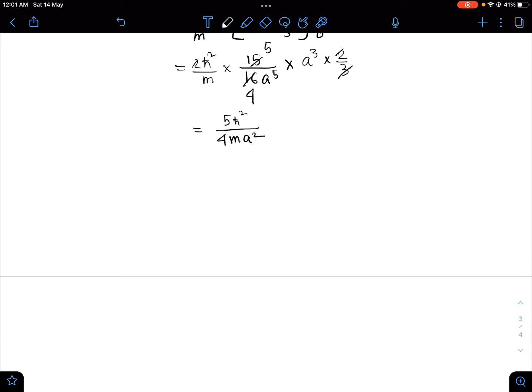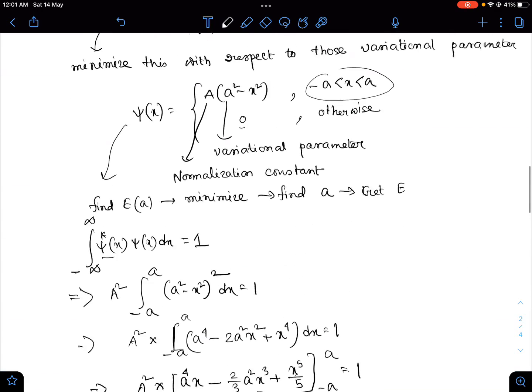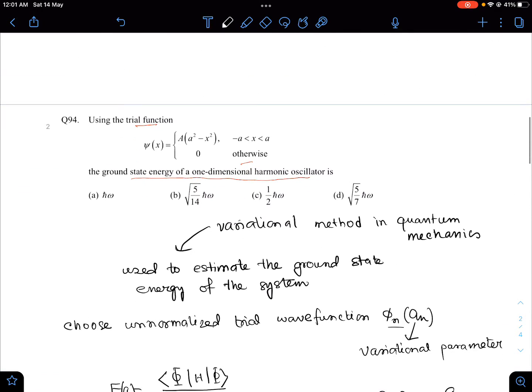Now we have to find the expectation value of potential energy. So what is the potential energy of our problem? So this is a one-dimensional harmonic oscillator.